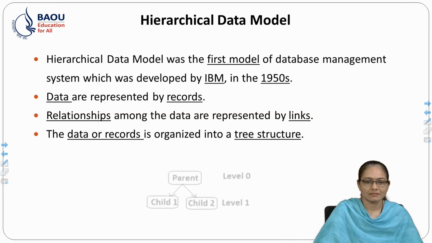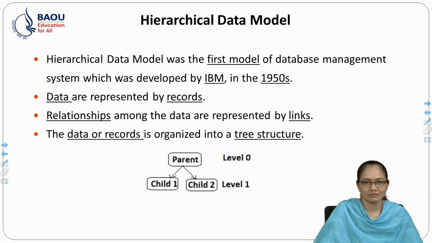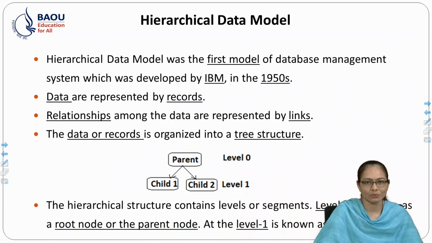So what is a tree structure? Here we can see in the figure, a tree structure means each record consists of one parent record and many child records. So many children have only one parent. The hierarchy begins at the root or a parent node and then grows into the tree as child nodes are added to the parent node.